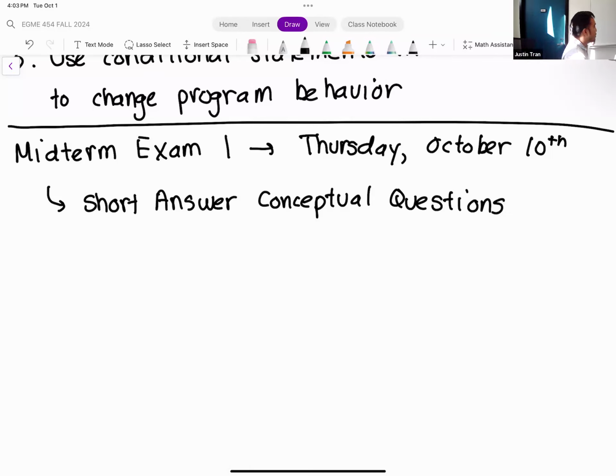The idea with this section is to test your conceptual understanding of all the concepts, ideas and theories that we've been going over in the class. What you can expect is that there are going to be four questions.